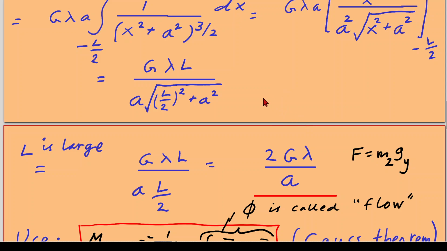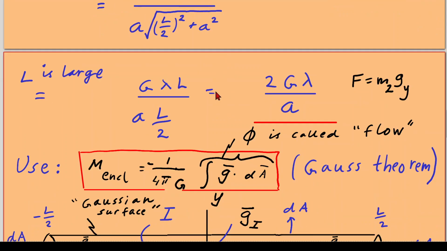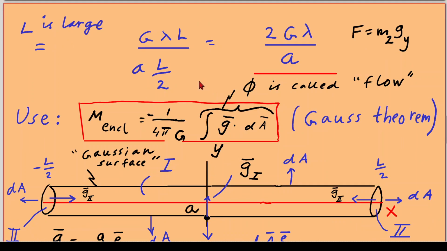Okay, now I'm going to solve this problem in a completely different way. For those who have studied multidimensional analysis in mathematics, they know there is something called Gauss's theorem.